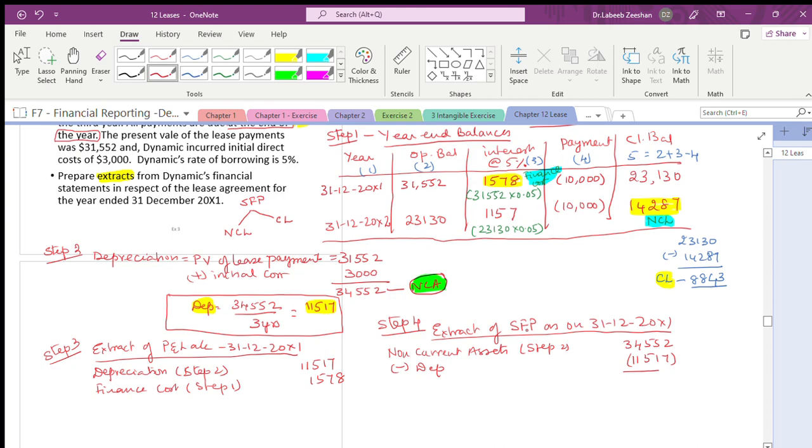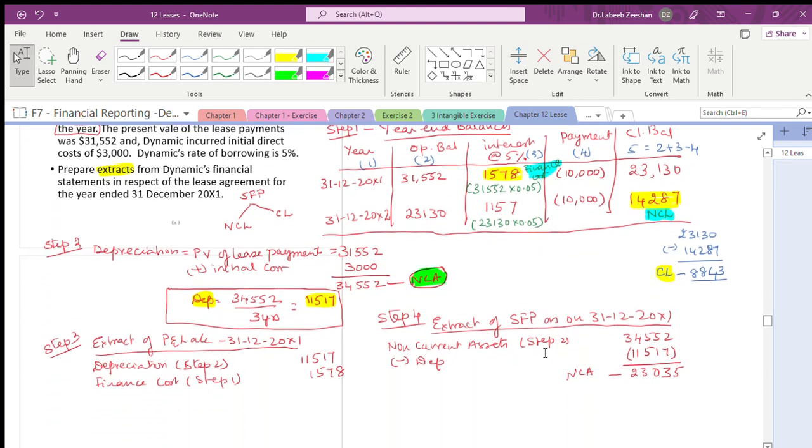It comes to how much? 34,552 minus 11,517 is 23,035. This is the non-current assets.